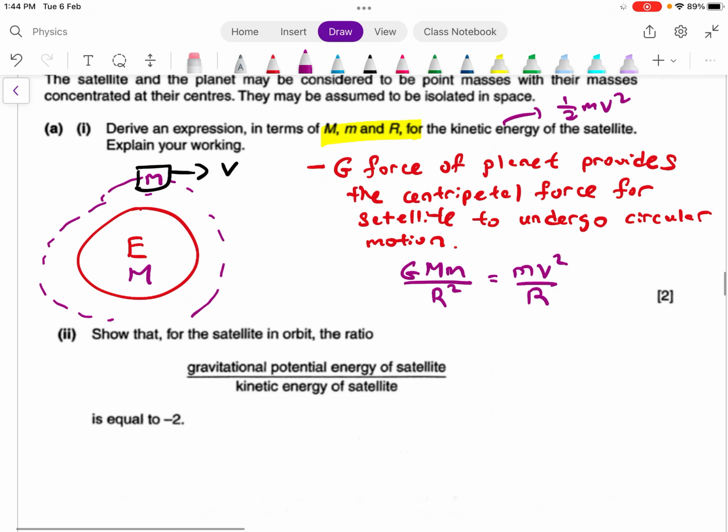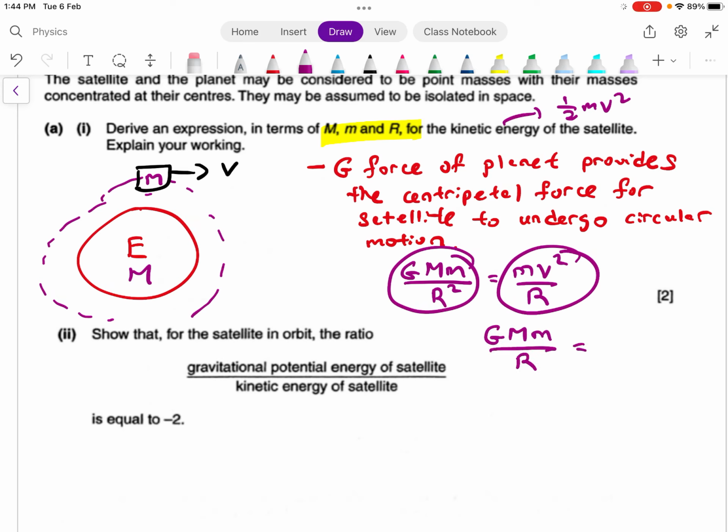This one is the gravitational force, this one is the centripetal force. So you just need to multiply left and right hand side by R. This will give you GMm over R equal to mv square, because you just multiply by R, then this part is also multiplied by R, so the R at the denominator is gone.